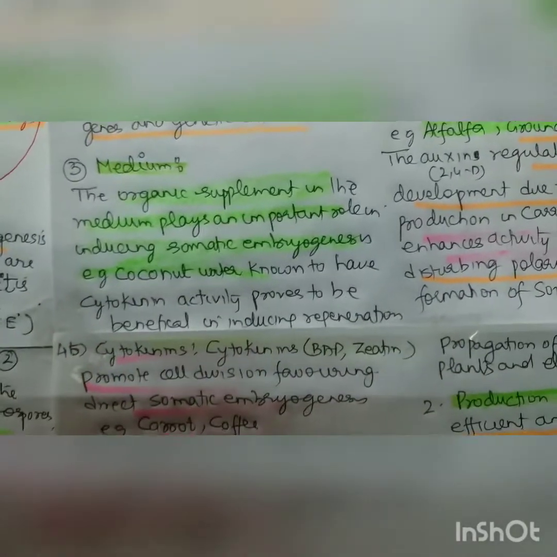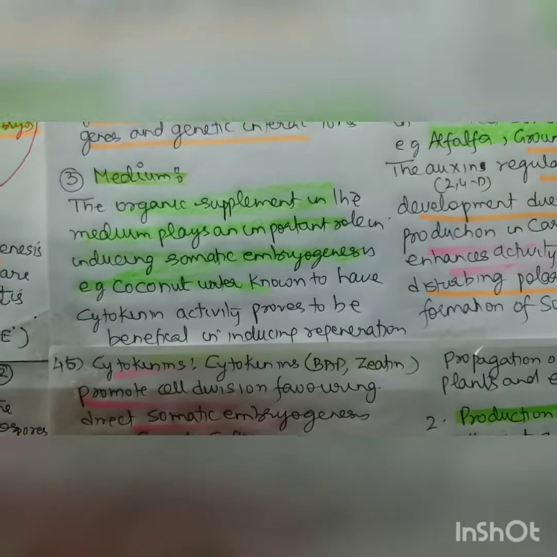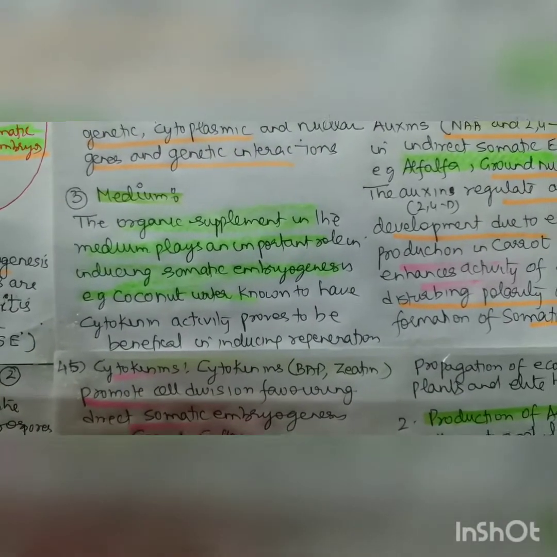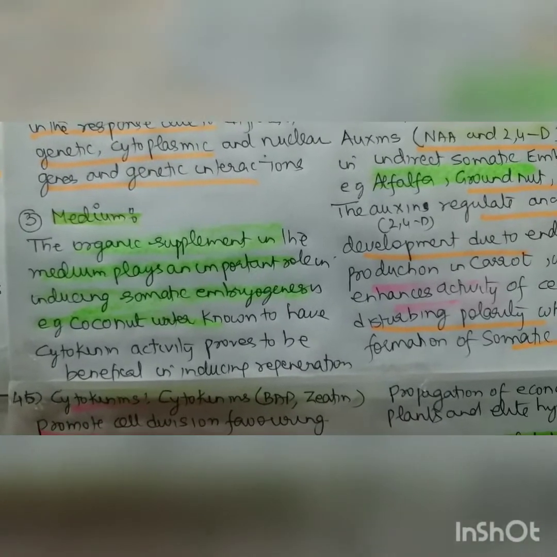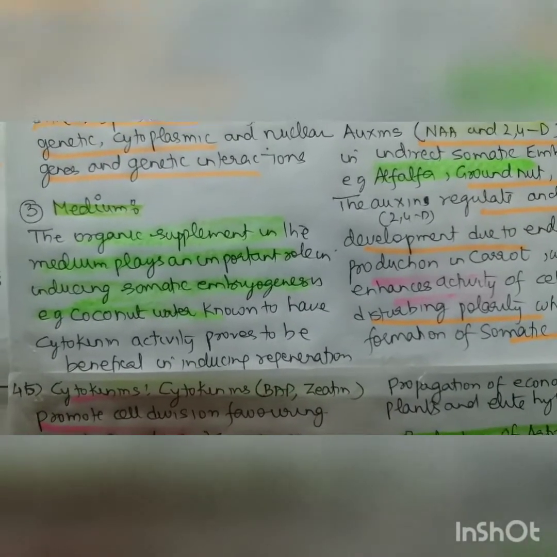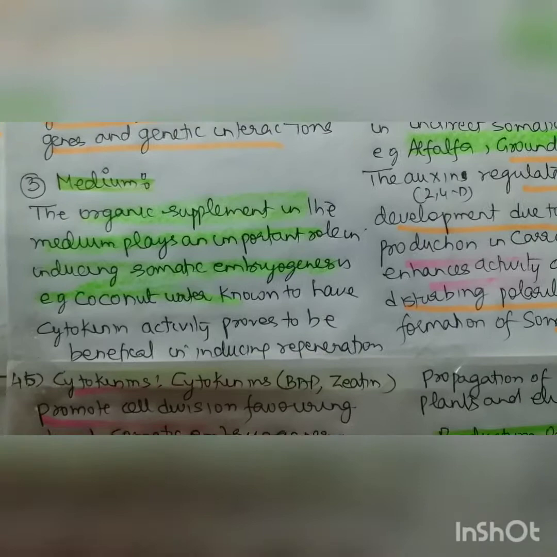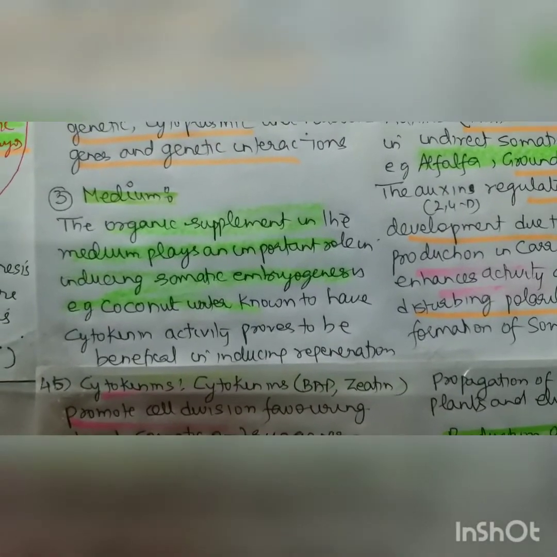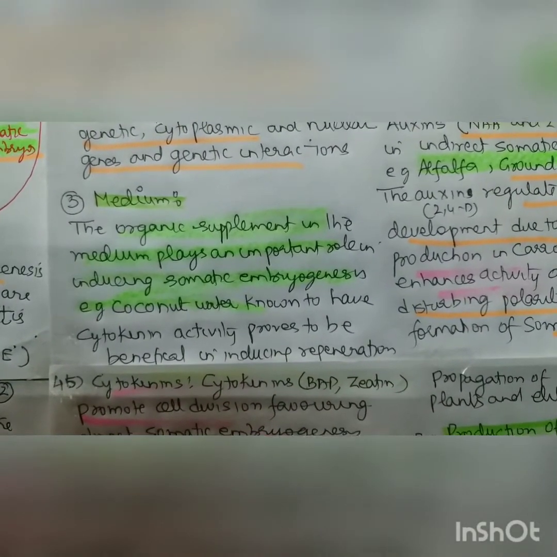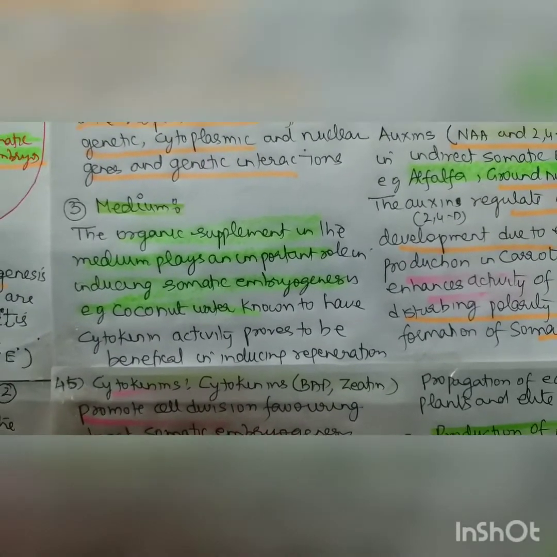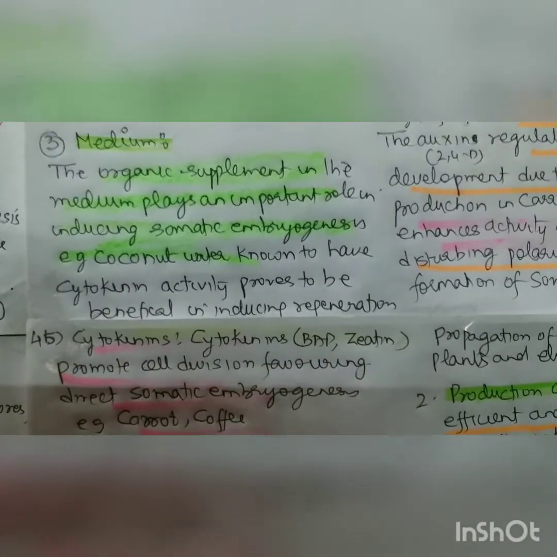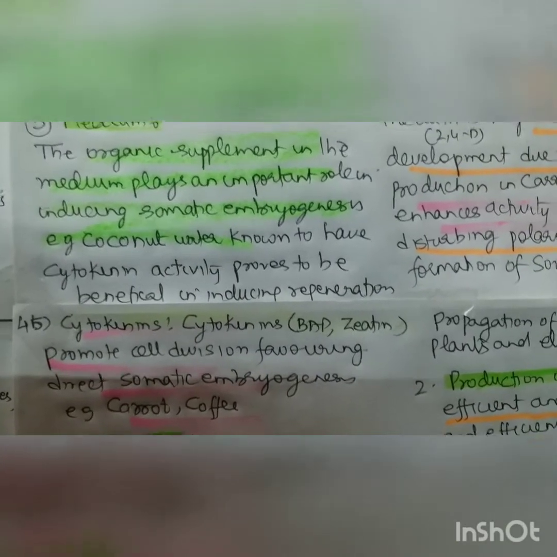Now we are coming to the medium. I already told you yesterday there are two media, natural and synthetic. But natural medium is not reproducible because it has no set composition. So the organic supplement in the medium plays an important role in inducing somatic embryogenesis. That is, coconut water is known to have cytokinin activity, beneficial for inducing regeneration.